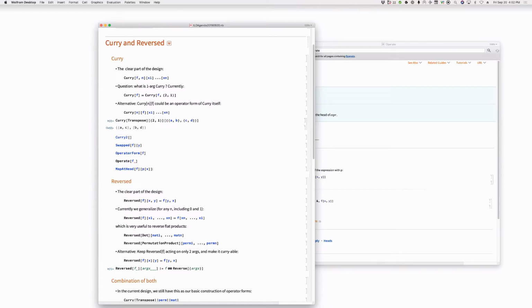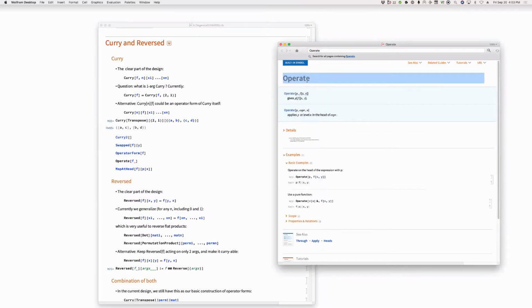We do have operator forms for all the cousins, like map and thread, etc. So I think we should seriously consider having a map at head and deprecating operate. Maybe in another 20 years we can reuse the name. But at the very least, if we were still going to use operate, we should make operate have an operator form.